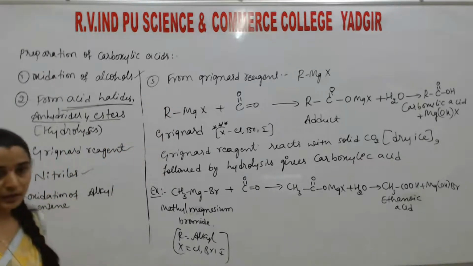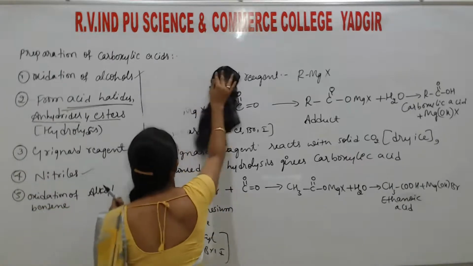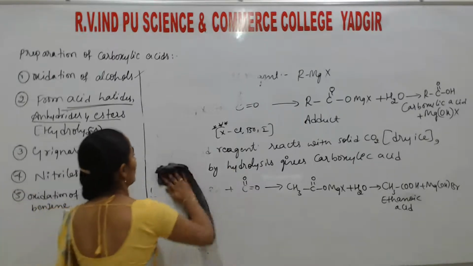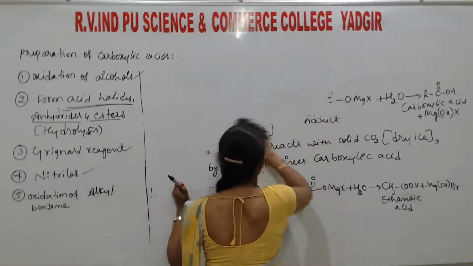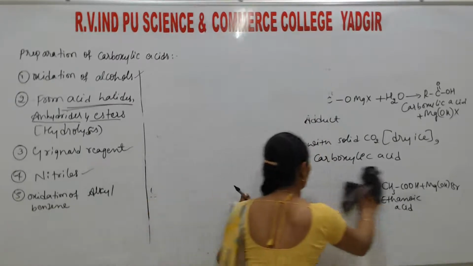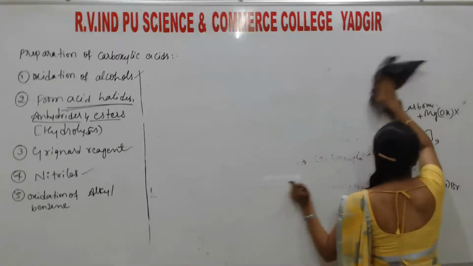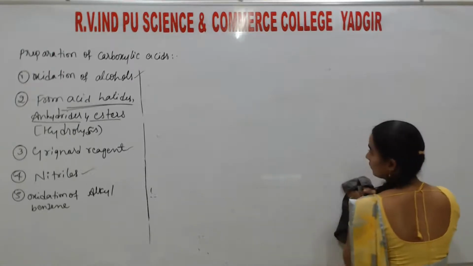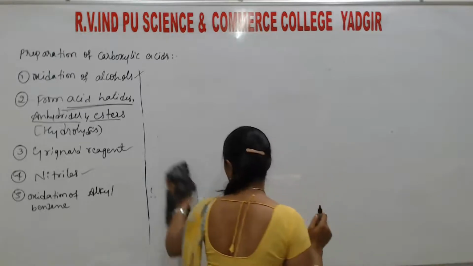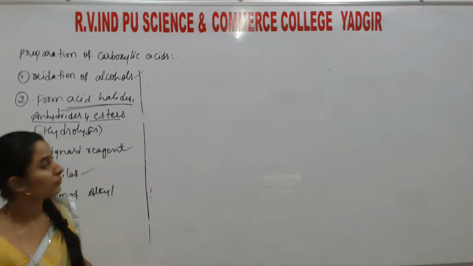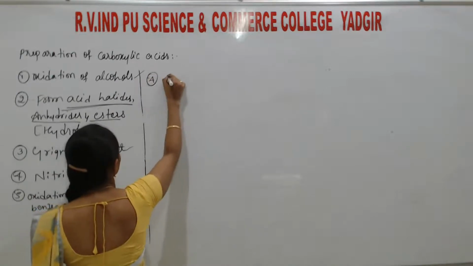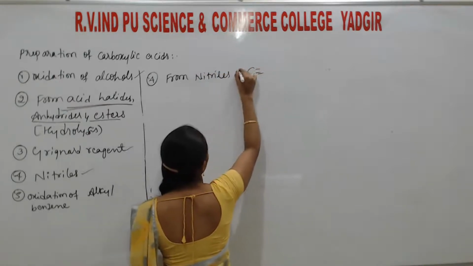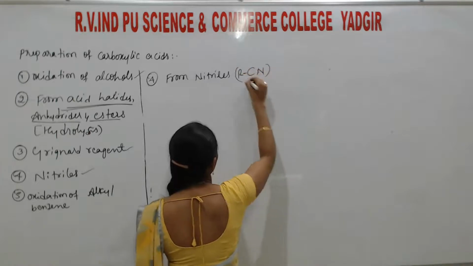So the next one is nitriles. Nitriles means RCN compounds.